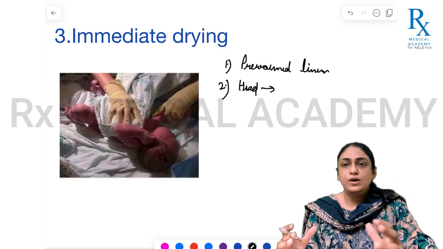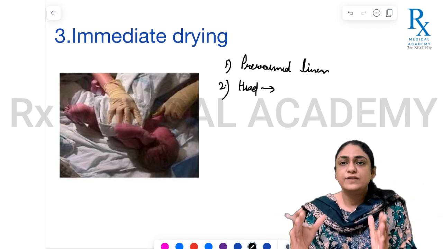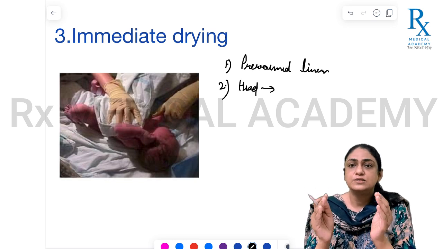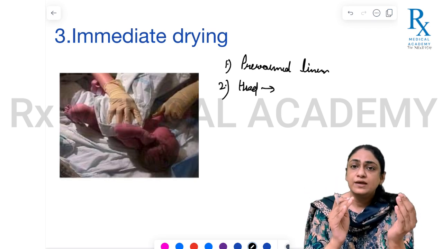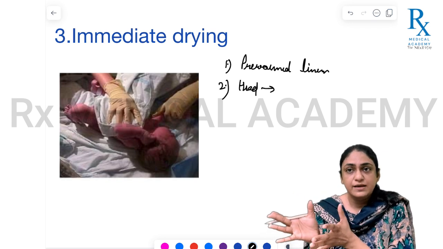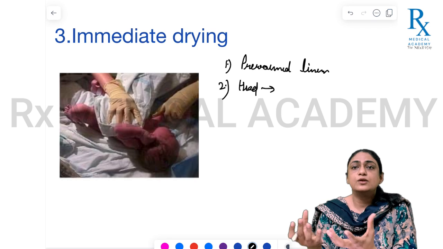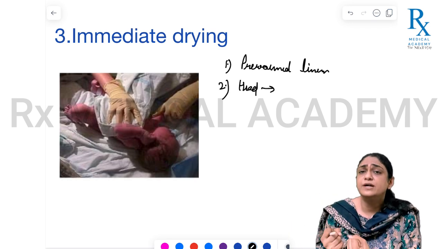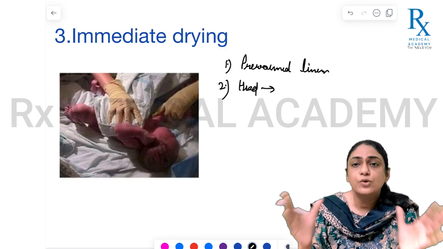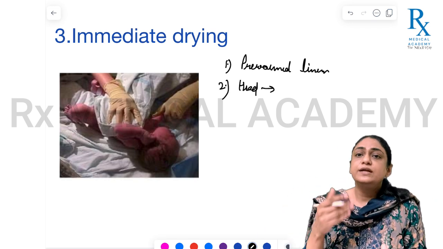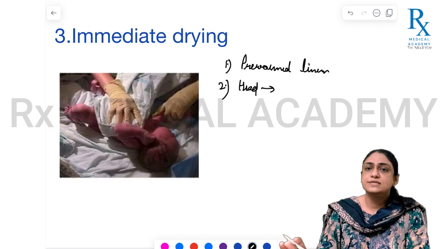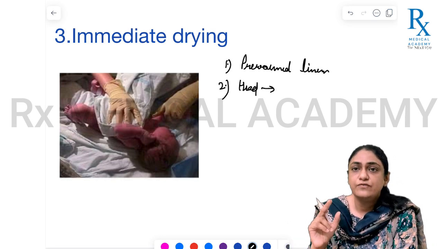In a newborn, the surface area of the head is maximum. Surface area is a function of heat loss, whereas the weight of the baby is a function of heat production, right? So the smaller the baby, the lower the weight, the less production of heat. The larger the surface area, the more heat loss. So the head should be dried first because the head is a major source of heat loss.